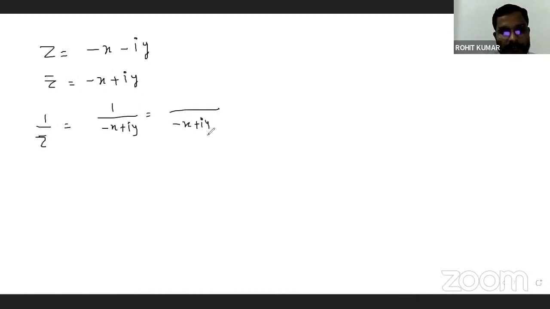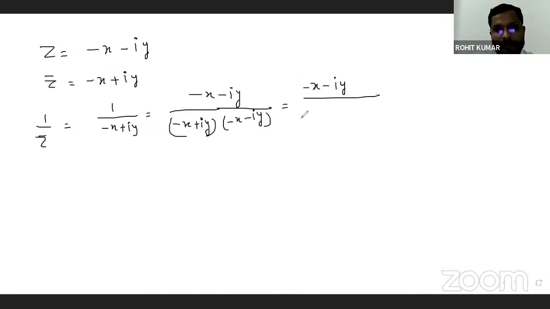Multiply with minus x minus iy, divided by (minus x) whole square minus (iy) whole square, which will become x square plus y square, and from here minus x minus iy.